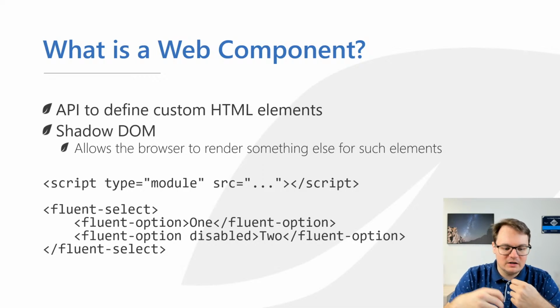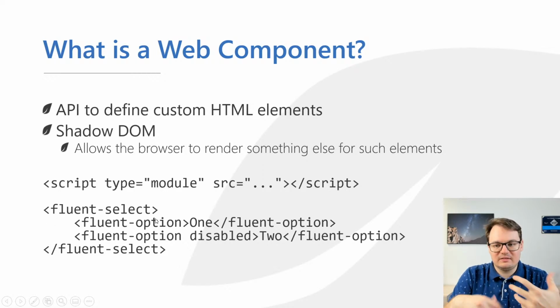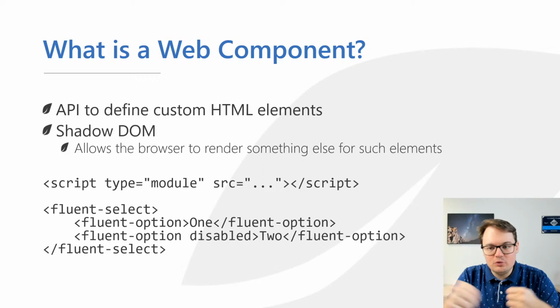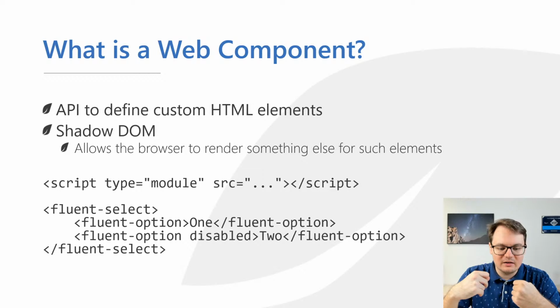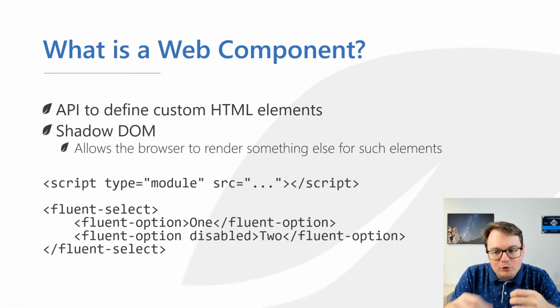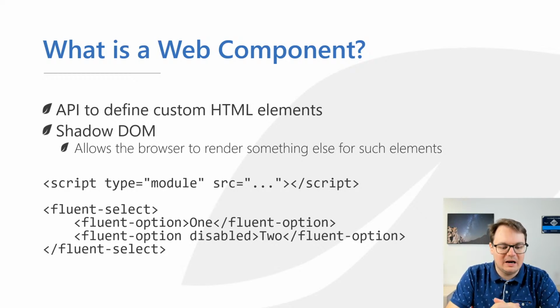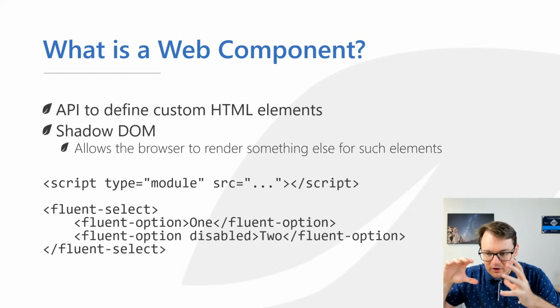So you can define, like the Fluent UI team has defined, the Fluent select element, and this element is not transpiled to anything else, like if you use DotVVM components or something like that, but it is just sent to the browser, and because of the script that is imported in the page header, the browser will know how to react to this HTML element. It will know that if it finds the Fluent select element, it has to do something like this.